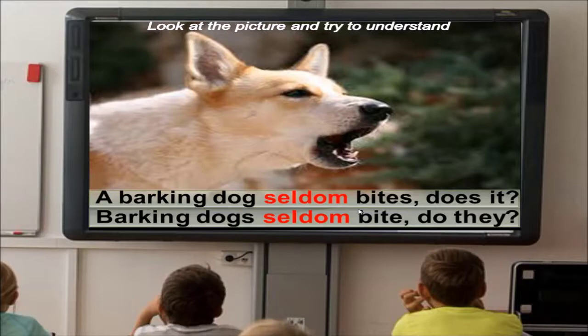Look at here, seldom looks like affirmative, but it is a negative word that makes a negative sentence. A barking dog is singular, so we must use it in place of a barking dog. Do you understand? And the second sentence is: barking dogs seldom bite. Barking dogs here is plural, so we use they in place of barking dogs. This is a plural noun. Do you understand?